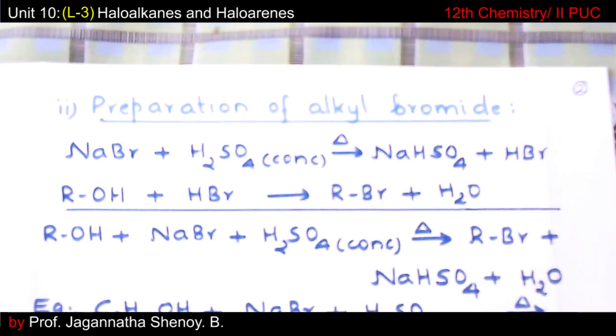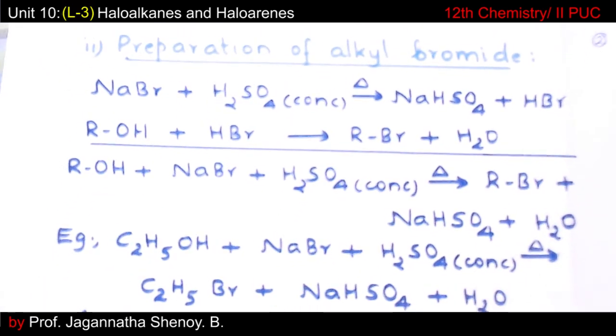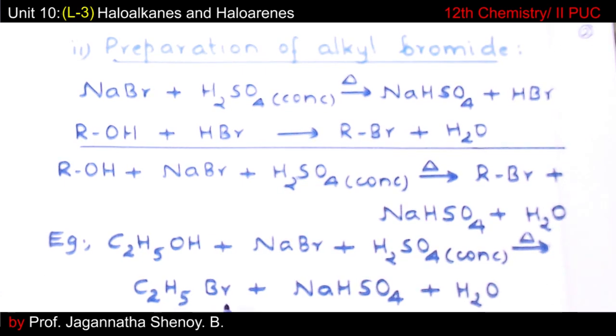To write one specific example, I'll consider ethyl alcohol, C2H5OH. When we heat it with a mixture of sodium bromide and concentrated sulfuric acid, we will get ethyl bromide, sodium bisulfate, and water.